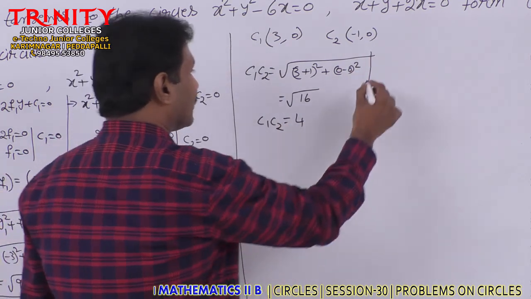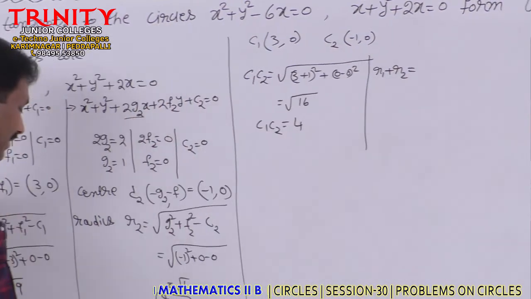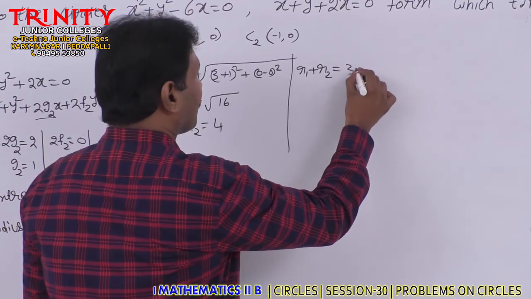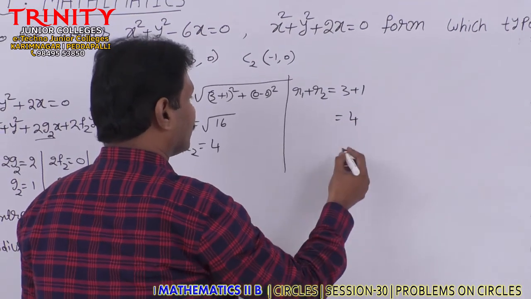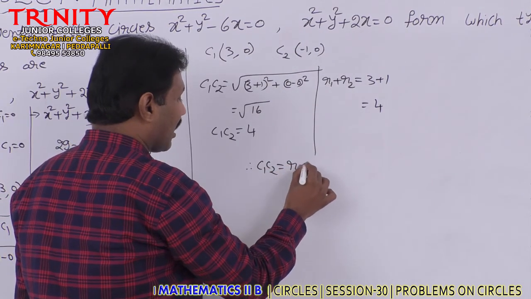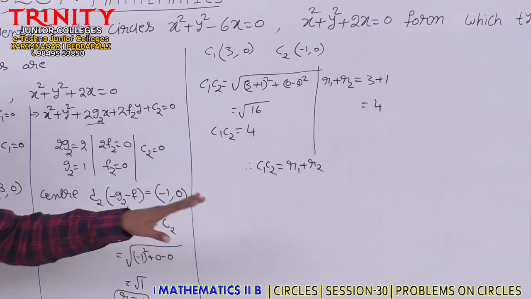And also find r1 plus r2. Here the r1 value is 3, r2 value is 1, 3 plus 1, that equal to 4. Therefore, c1c2 equal to r1 plus r2. The circles touch each other externally.